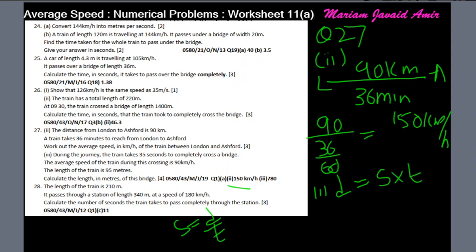The speed is 90 kilometers per hour, and the time is 35 seconds, and let's change that into hours as well, so over 3600. So 90 times 35 divided by 3600.